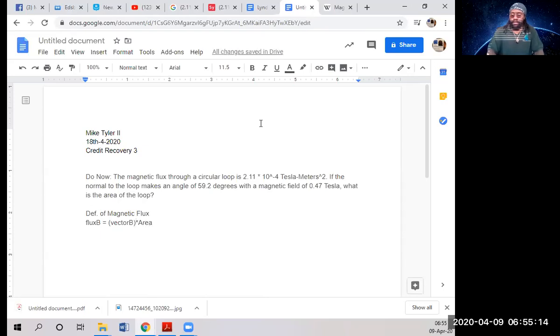B field is the magnetic field basically. In physics and math, sometimes B field is what it is. So area, and we call that A, and this is multiplied by cosine, which is a trig operation, trigonometry. I was tongue tied for a second.